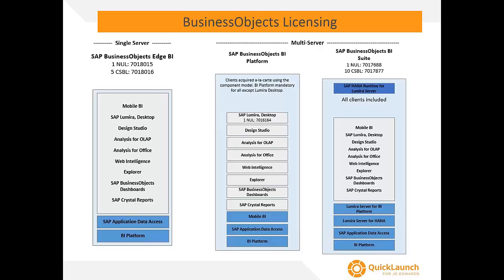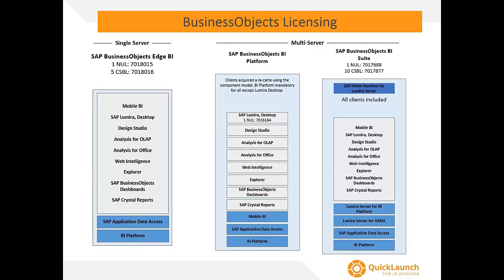The 2012 license of Edge forward does include a Lumira Desktop license for your developers. Okay, so what Edge does not include is the ability to integrate Lumira into the BI platform. So you can build those visualizations and dashboards on your desktop client, but you're not licensed with just your normal Edge license to then save those to the server and refresh those over the web.